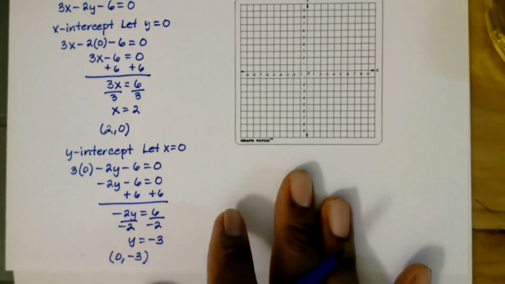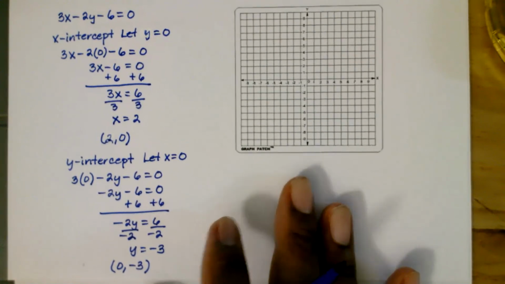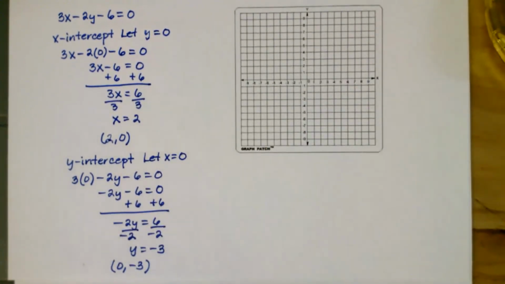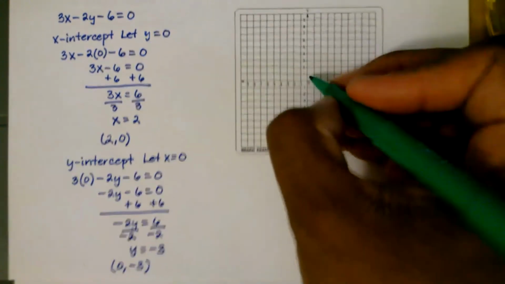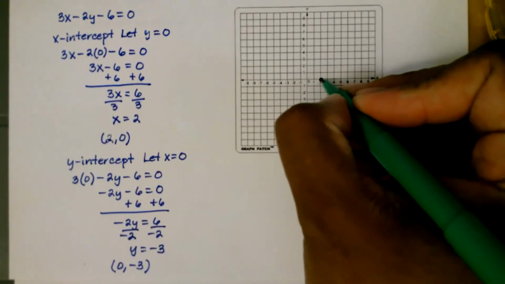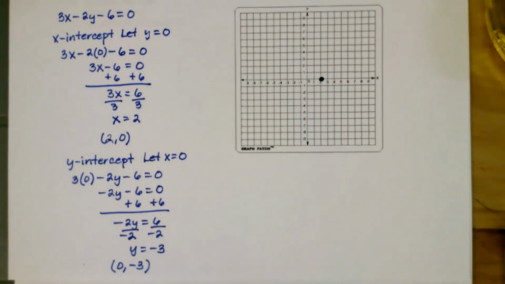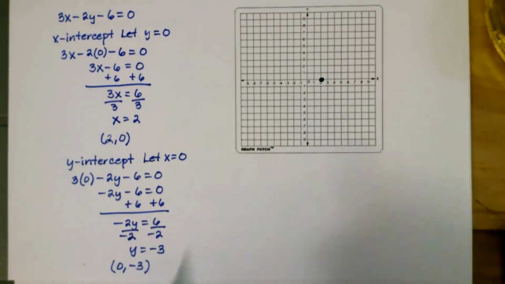And now we can go ahead and plot the x-intercept and the y-intercept on the coordinate plane and come up with our graph. Using green, my x-intercept is the ordered pair (2, 0). So I'm going to go to the right 2 and draw its point. My y-intercept is the ordered pair (0, -3).